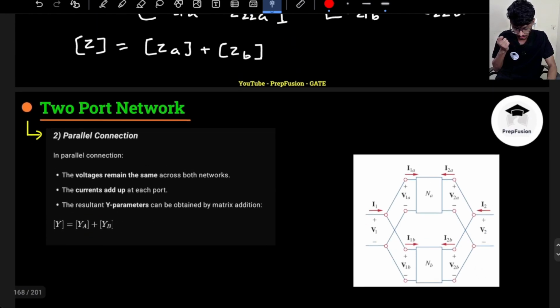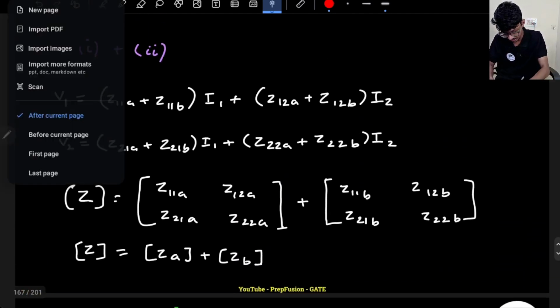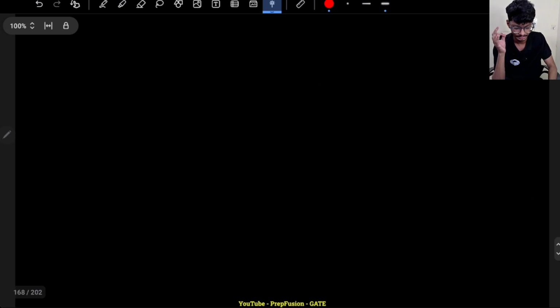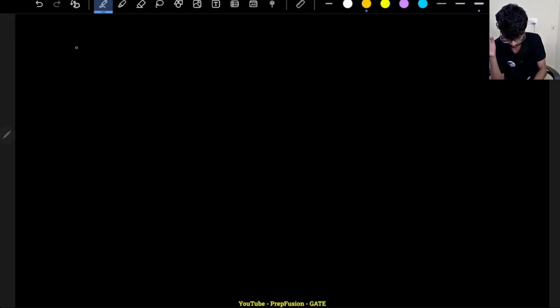Now, one important key point I wanted to mention is when the parameters will be added.